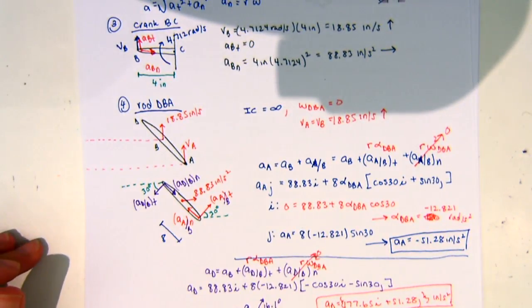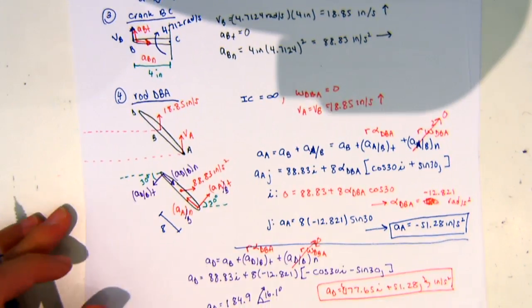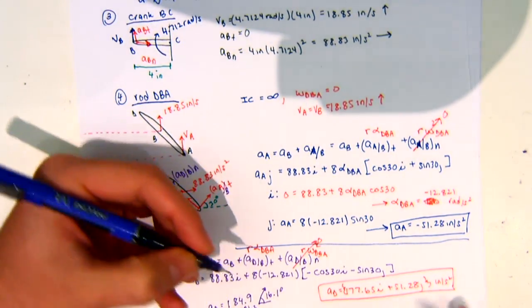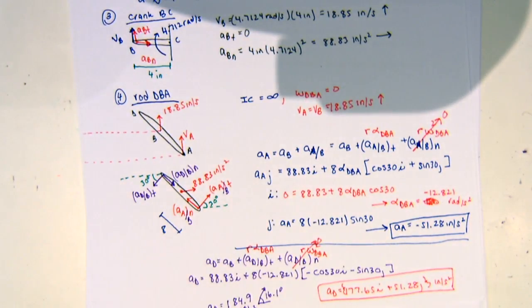Good? 184.9 inches per second squared at an angle of 16.1 from the horizontal. So that's if you were asked for the angle that it makes. Any questions about this one?